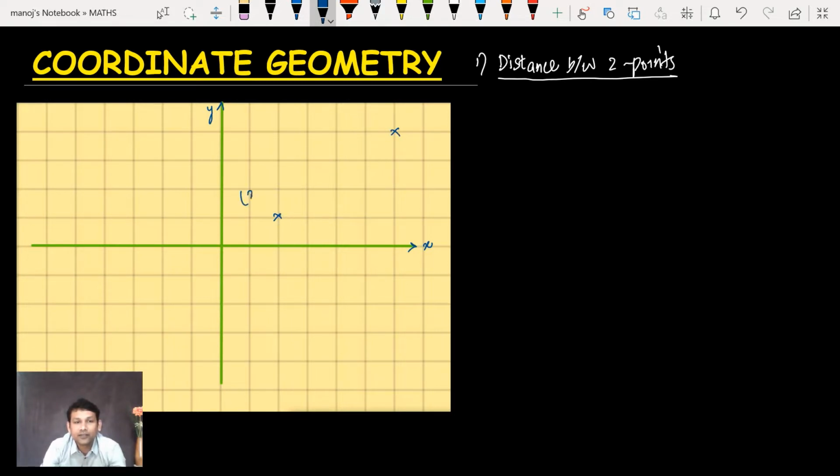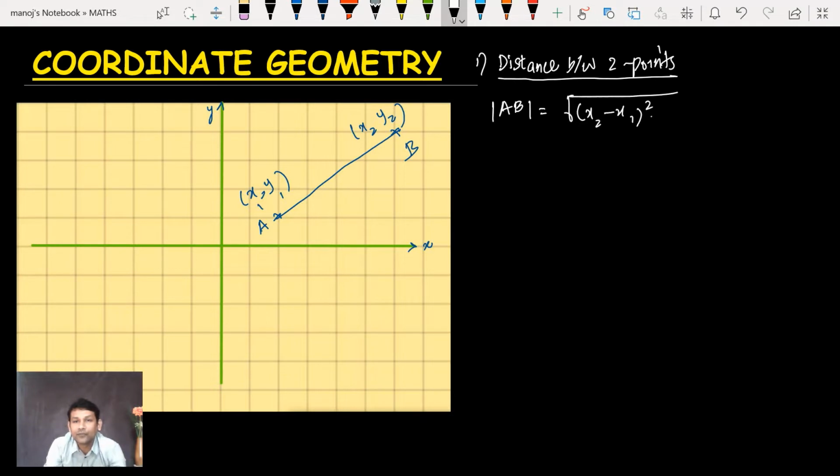This is x1 y1, and this is x2 y2. The 2 points are A and B. The distance AB is always positive. The formula is the square root of x2 minus x1 whole squared plus y2 minus y1 whole squared, and in this way we can find the distance between 2 points.